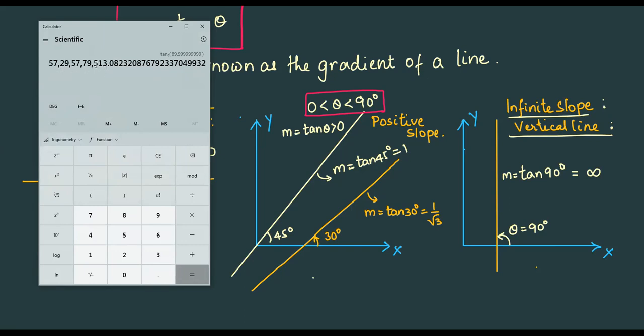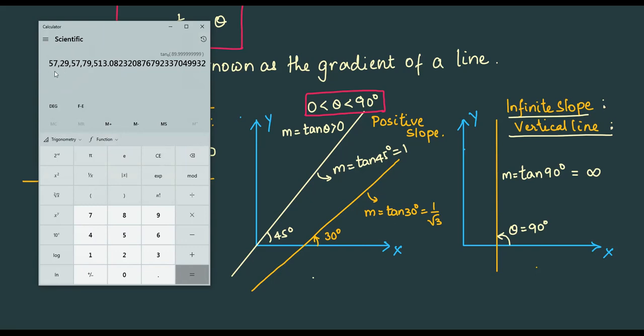This is in thousands, 10,000 lakh crore, you know, or more than that. So it is like 5,729 crore, 57 lakhs, 79,513.